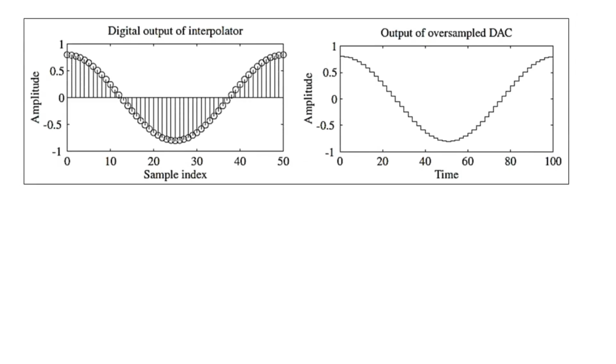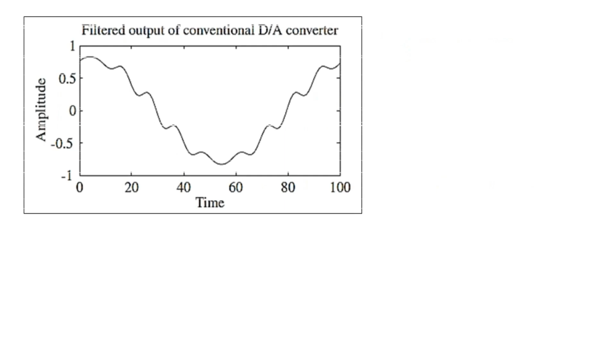When the conventional lower rate and oversampled D2A converters are used with the same low pass filter with a wide transition band, for both cases the filtered outputs are shown: the low pass filtered output of the signal for the conventional D2A converter, and by the use of the oversampling D2A converter.